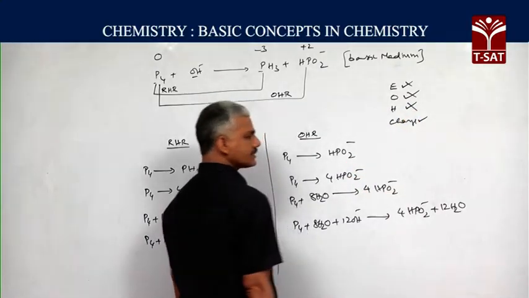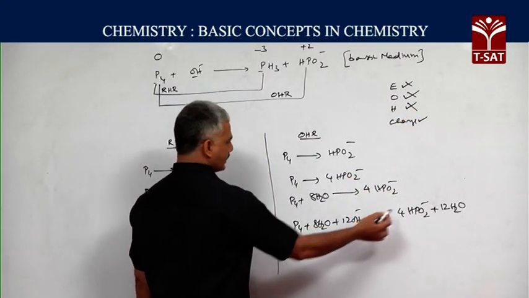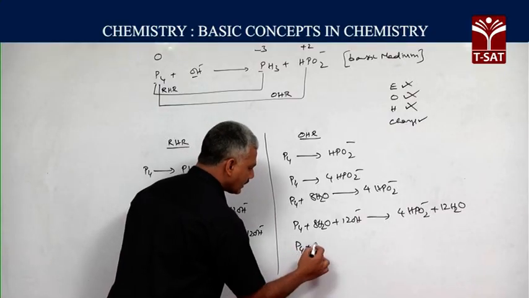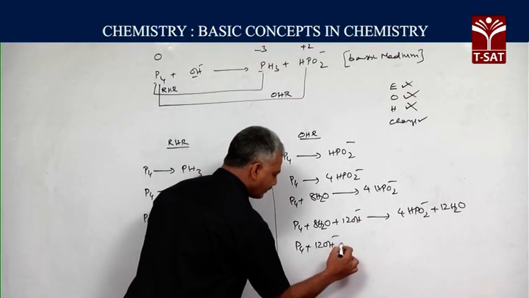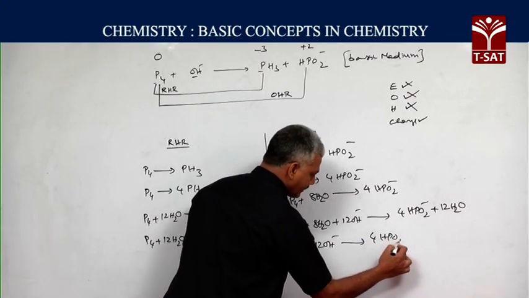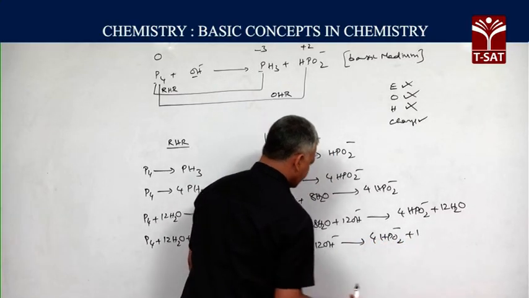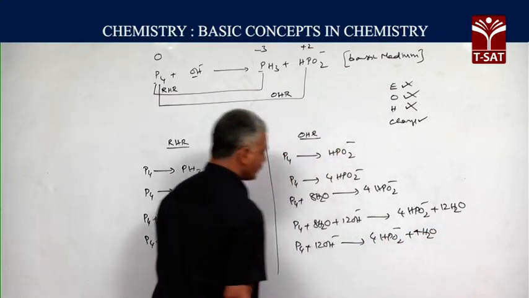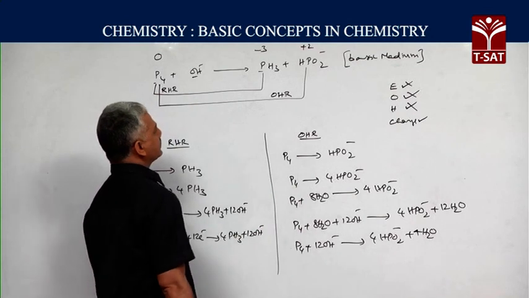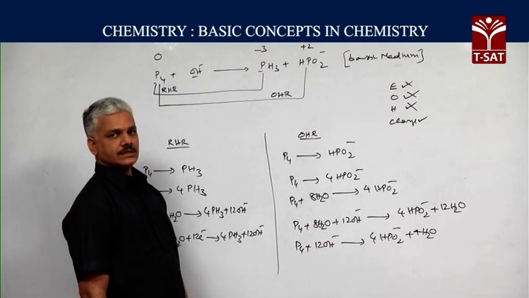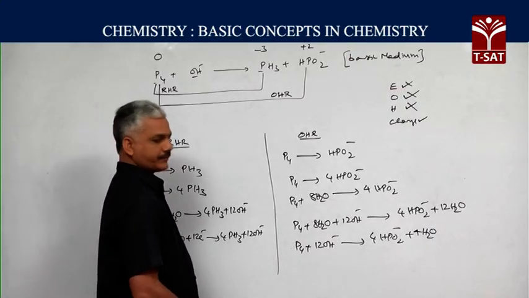Now, hydrogen is balanced. As water is common, this step can be simplified as P4 plus 12 OH minus gives 4 HPO2 minus plus 4 H2O. Now, balancing charge, for phosphorus the change in oxidation state is 2 units per atom.